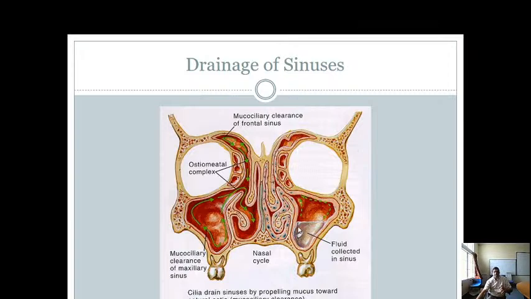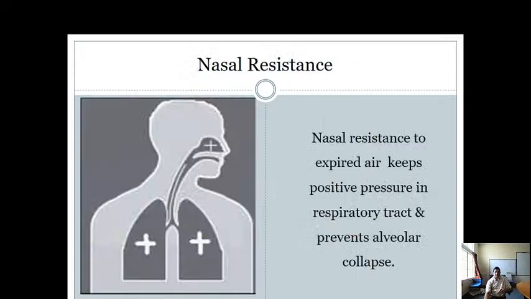These infections produce various inflammatory processes, further block the passages, and the entire sinus is filled with pus, which causes acute sinusitis. So the pathophysiology can be easily understood by understanding the nasociliary clearance.